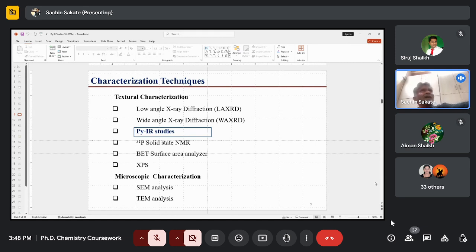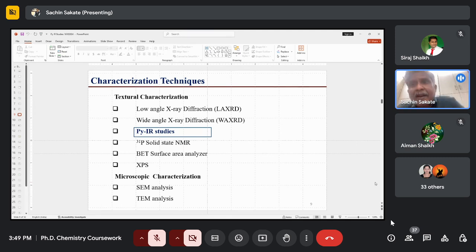During the characterization, we can have small angle XRD, wide angle XRD, then Pyridine IR studies, solid state NMR, BET surface area analyzer, XPS, X-ray photoelectron spectroscopy, SEM analysis, and TEM analysis.